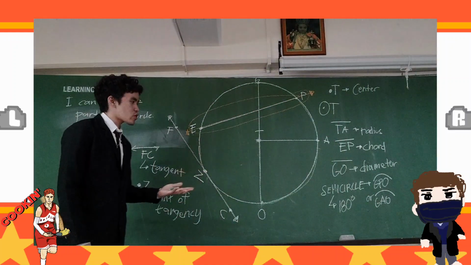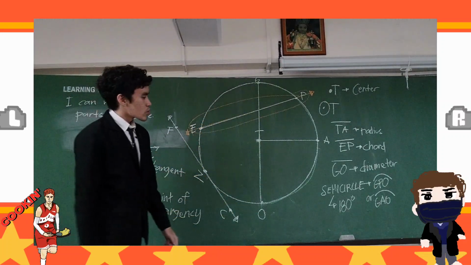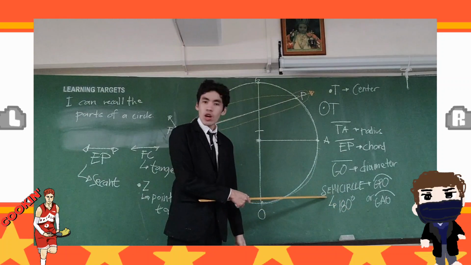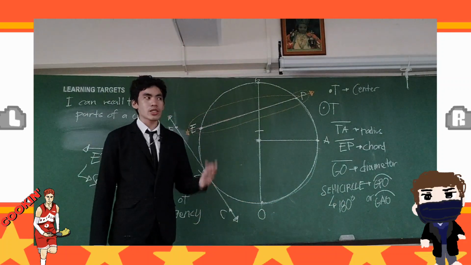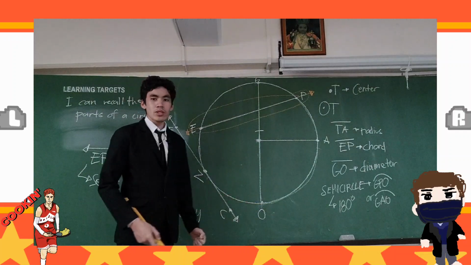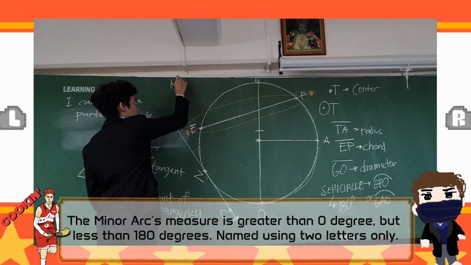Now, we only have 2 parts remaining, and I know the board is getting full already. So why is it important that when we talk about arcs, we start with a semicircle? Because the other remaining arcs depend on the measurement of a semicircle. The first one being what we call a minor arc.